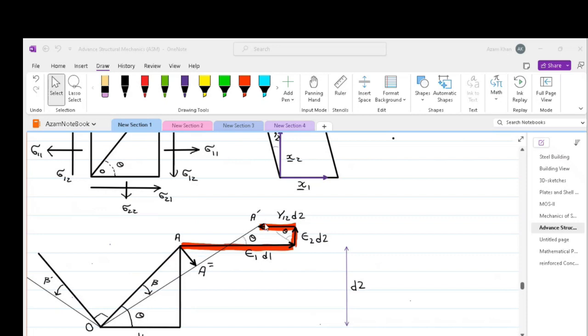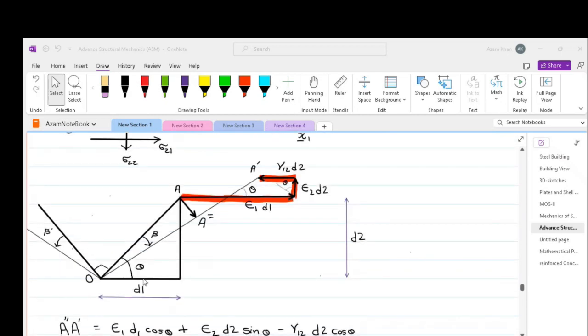The movement of A to A dash is the vector sum of the axial elongations and the shear distortions. So horizontally, we say that A has moved by strain 1 into D1, where D1 is the horizontal dimension of this element.